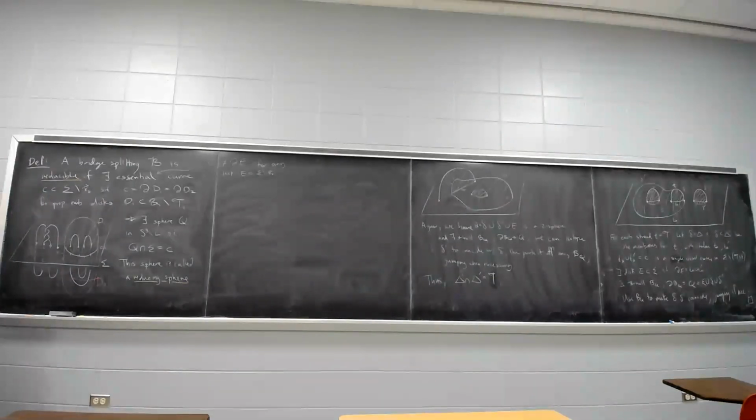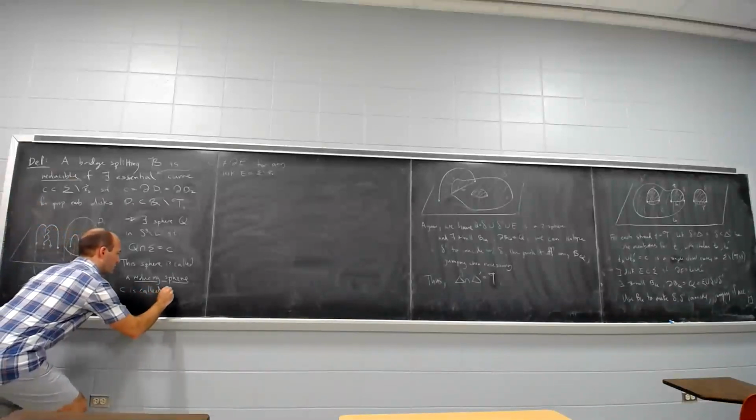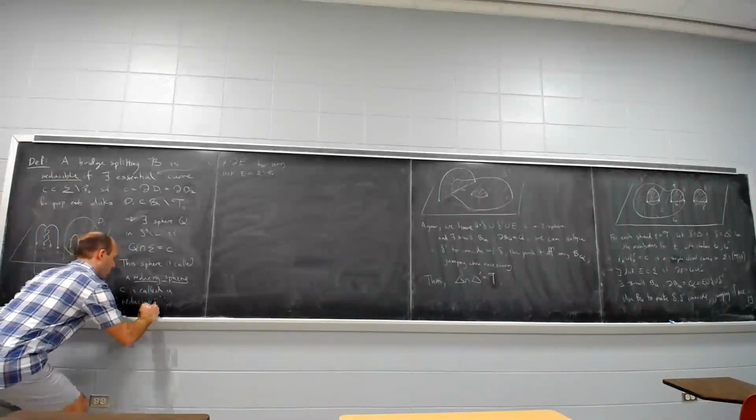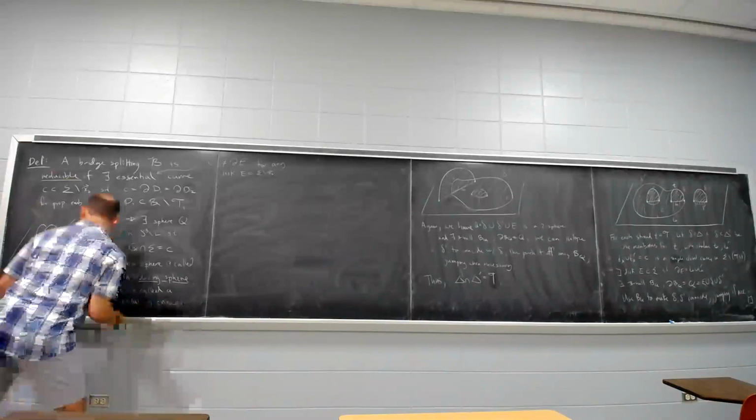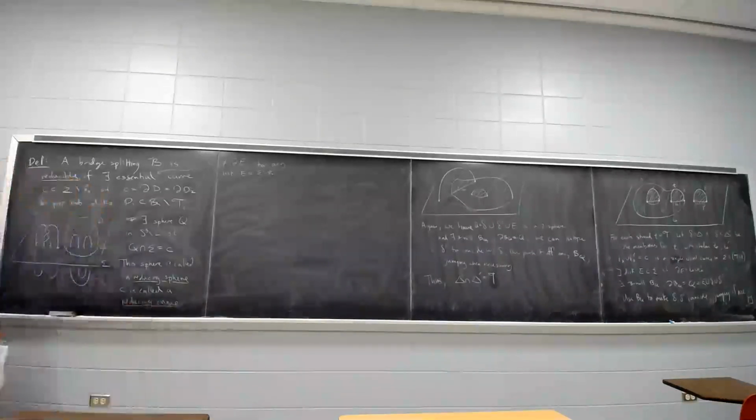Oh, and then I guess I should also say that C is called a reducing curve. So reducing curves and reducing spheres are obviously in one-to-one correspondence. They're the same thing, this definition.